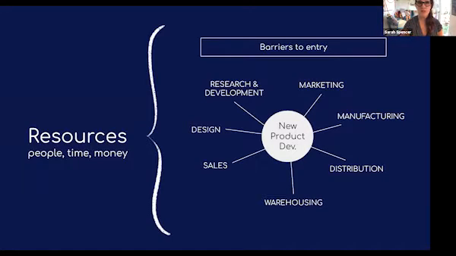Like, for instance, research and development might be a 10-minute Google search, and there's your research and development. So the 7 areas are research and development, design, marketing, sales, manufacturing, distribution, and warehousing.